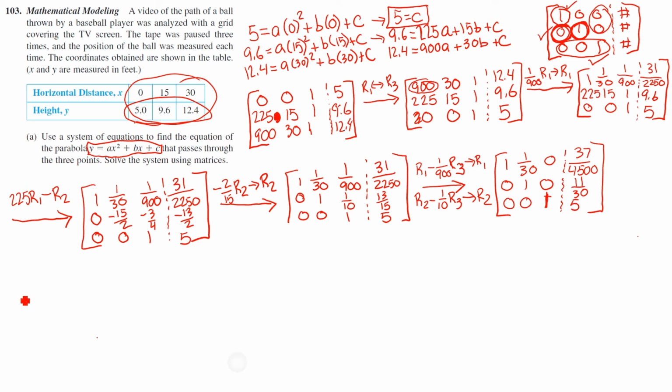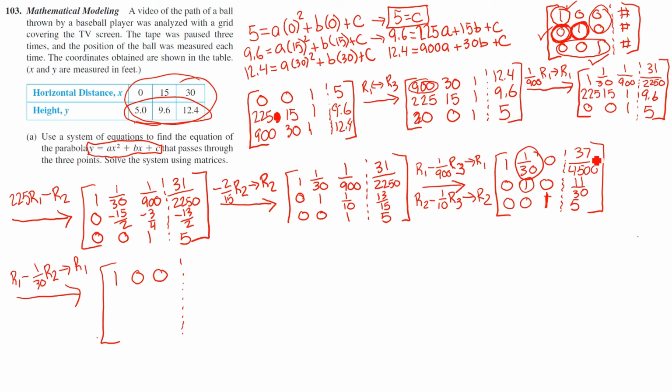And our last step is we're going to take this 1 over 30, we need to make that into a 0. Now, by doing that, we're going to take row 1, subtract 1 over 30, row 2. And the reason we're going to use row 2 is because I have a 1 here and 2 zeros, so it won't mess anything up. And we'll put that new result into row 1. So you should end up with 1, 0, 0.